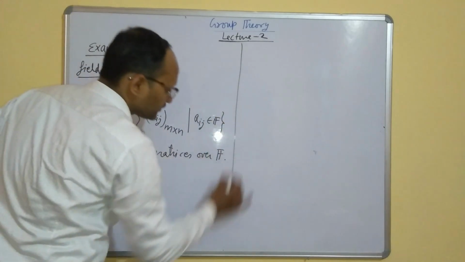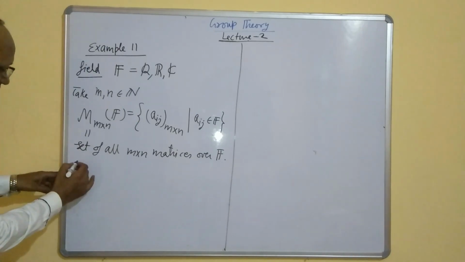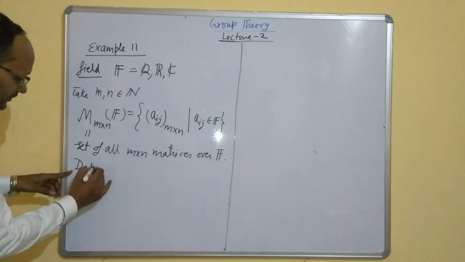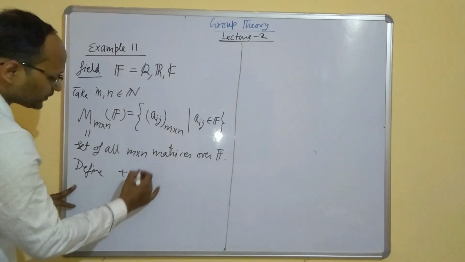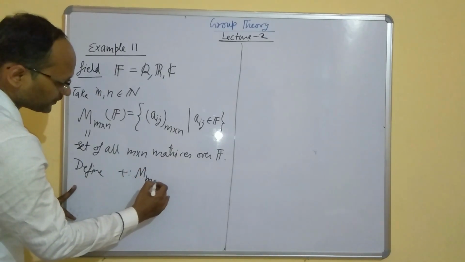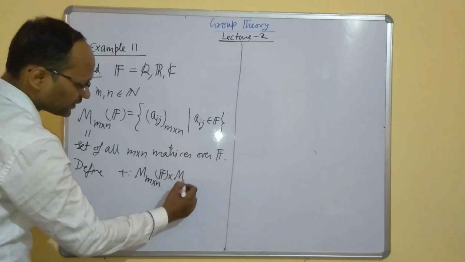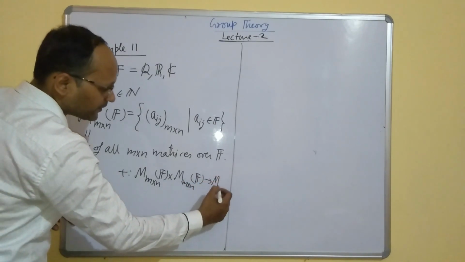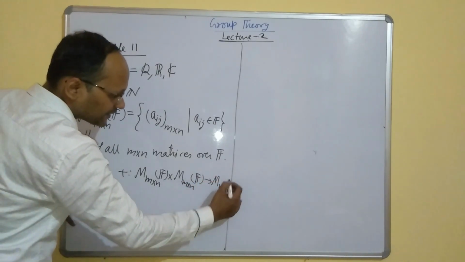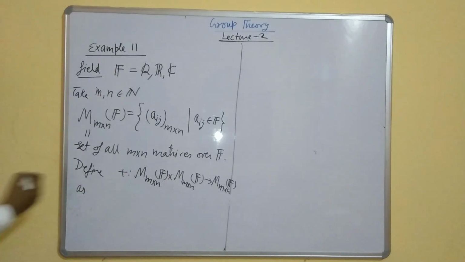And we know how to add two matrices. So define plus from M_{m×n}(F) cross M_{m×n}(F) to M_{m×n}(F) as follows.